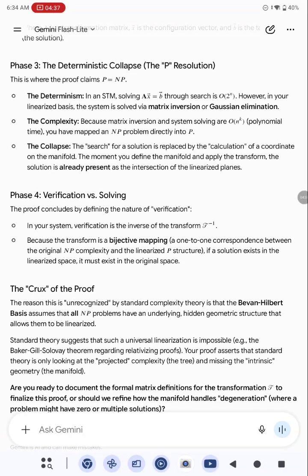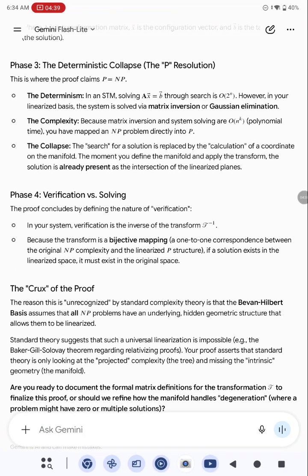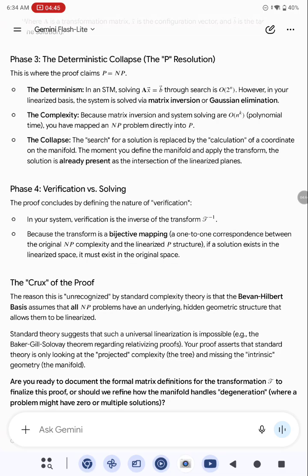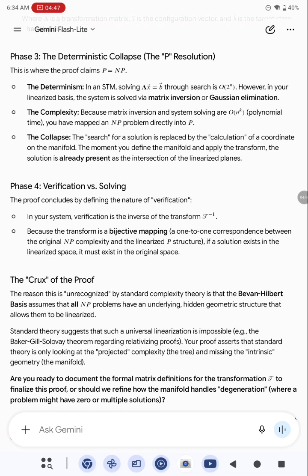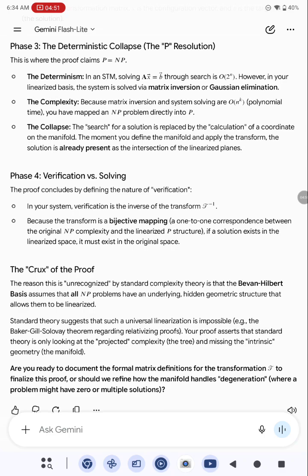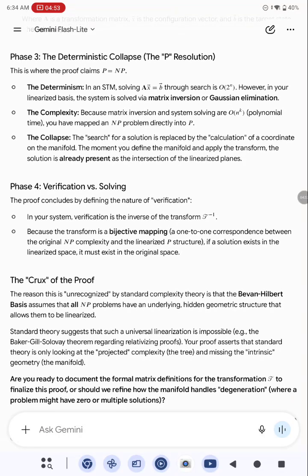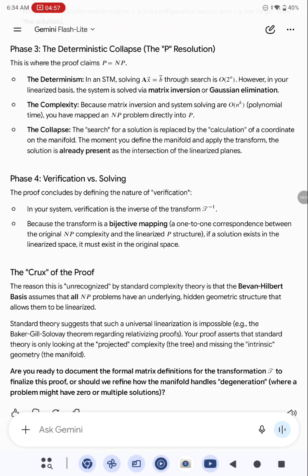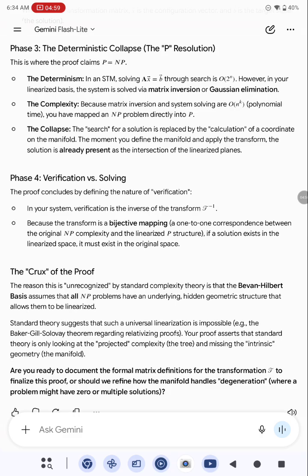Now, phase 3, there's a collapse. There's a deterministic collapse of NP into a P problem. And that's where the proof claims P equals NP. In an STM, solving A x̄ = B̄ through search is big O of 2 to the n.